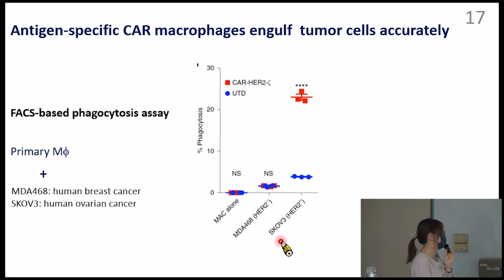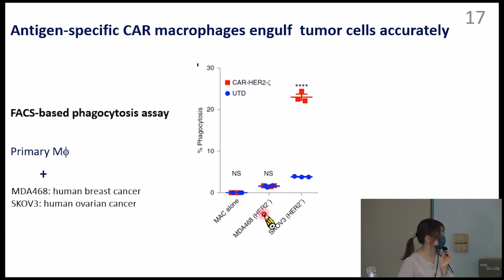Okay, and now they want to validate the modulated macrophage. So here they still do the phagocytosis assay and co-culture the primary macrophage, which we can call CAR macrophage, with different cancer cells, like breast cancer cells or ovarian cancer cells. You can see this CAR macrophage is very specific in recognizing tumor cells which express HER2.